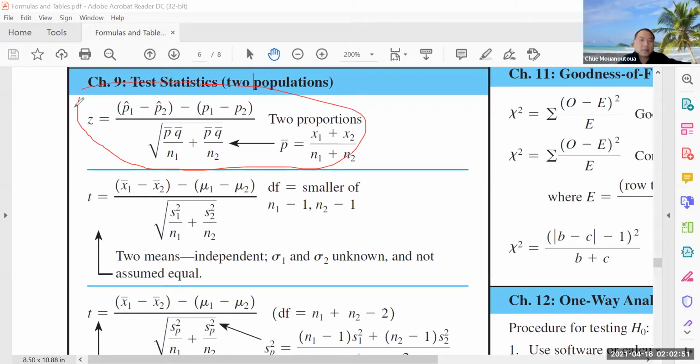This guy right here, okay? It's only one. So we're going to use that to help us out for the test statistics. So we're going to use Z, and Z is equal to this thing right here, okay?